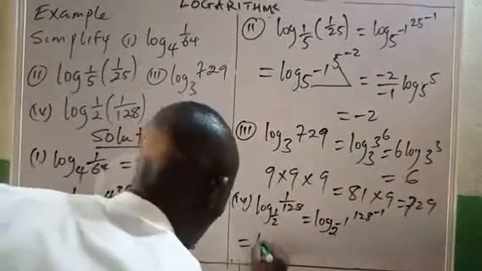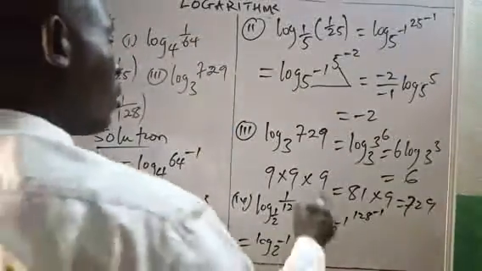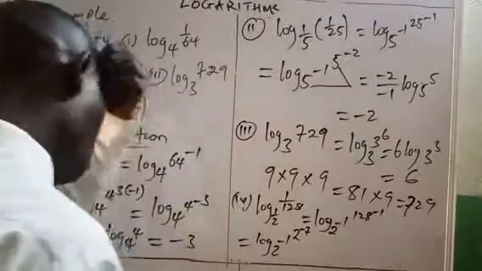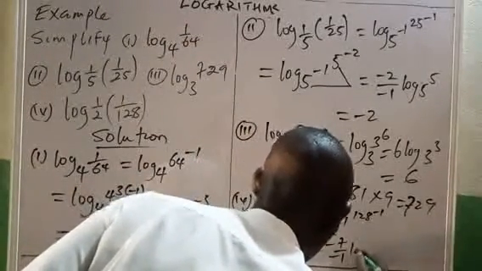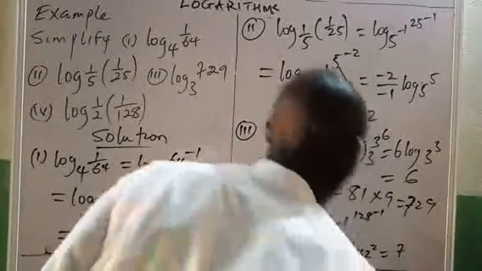And this is the same thing as log 2 raised to the power of minus 1 of 2 raised to the power of minus 7. So you have your minus 7 over minus 1 log 2 of 2, which is 7.